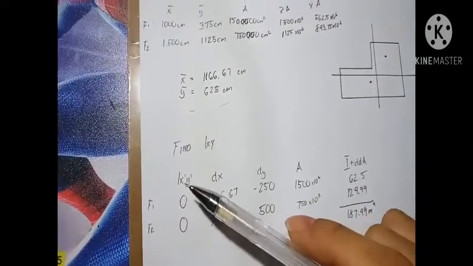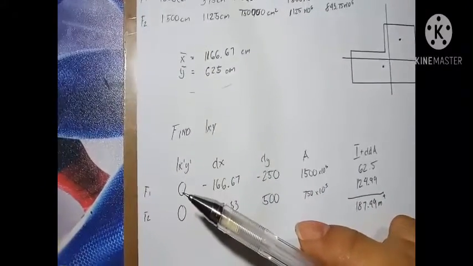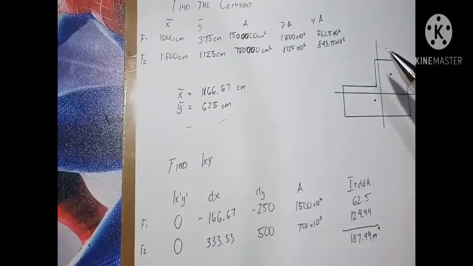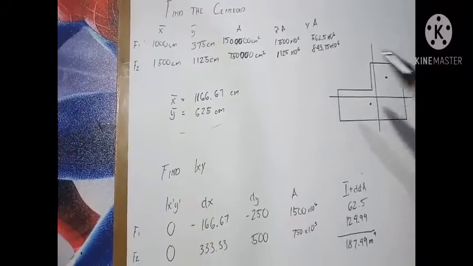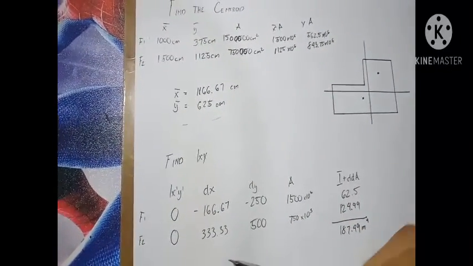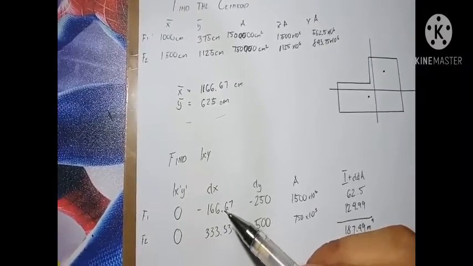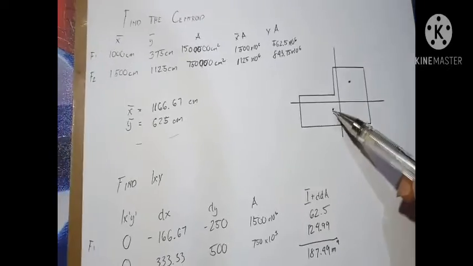And we have to find the Ixy. I put 0 here because it is a symmetric rectangle, so we don't have to worry about that. And the dx of 166.67 is negative because here we have just to subtract 1.